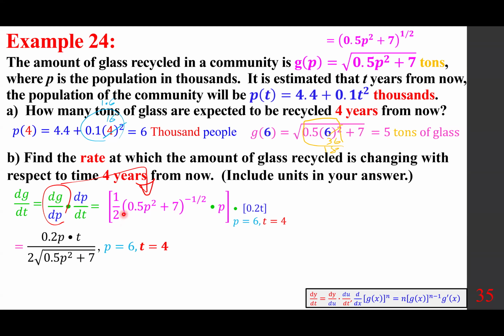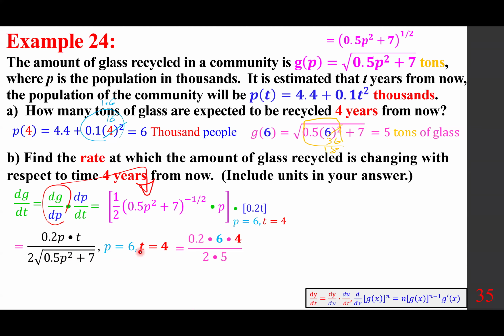So one more time, 1 times p times 0.2t, that's the numerator. 1 times 0.2 is 0.2pt. This is 2 square root of 0.5p squared plus 5. Same p as we mentioned, t equals 4. We are going to replace the p, we're going to replace the t.